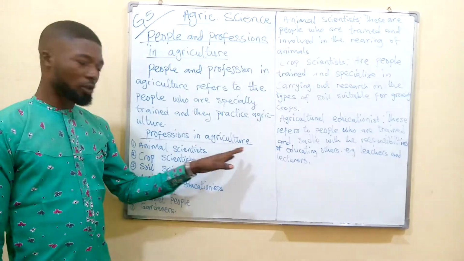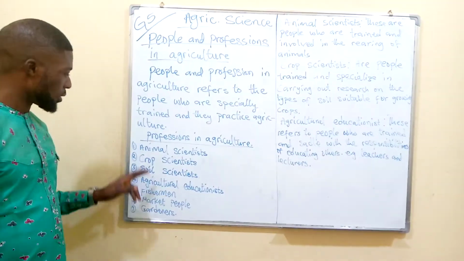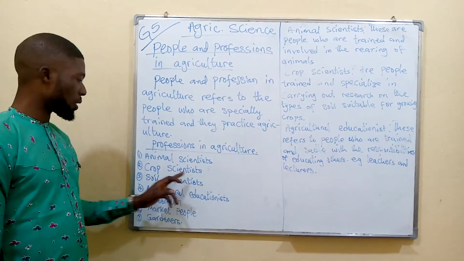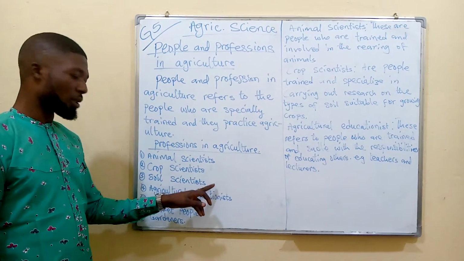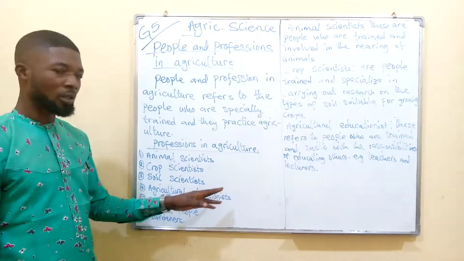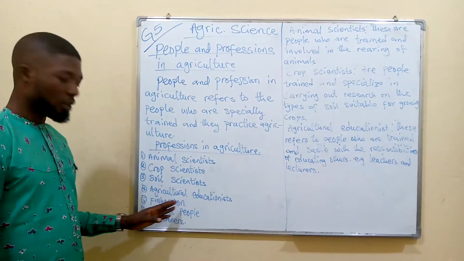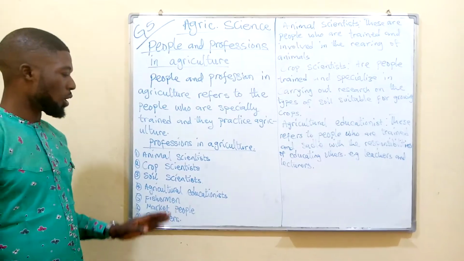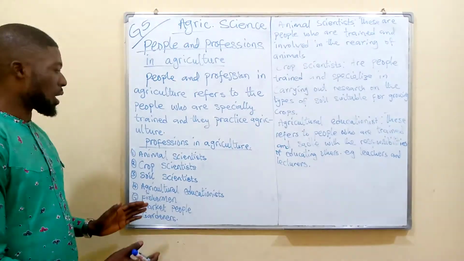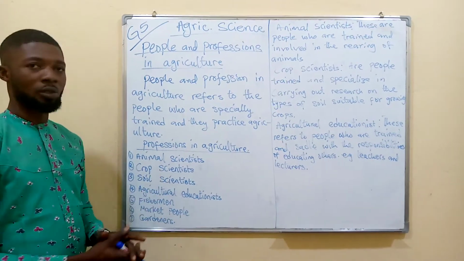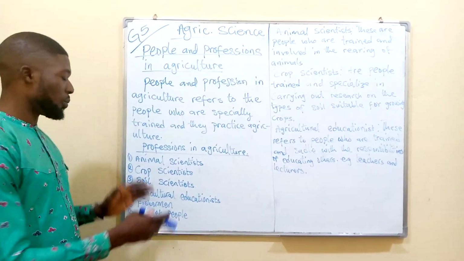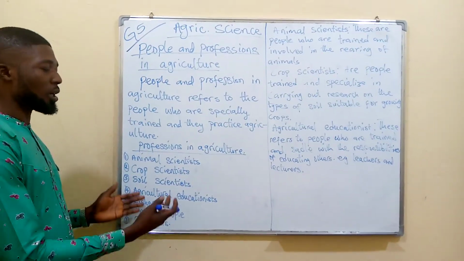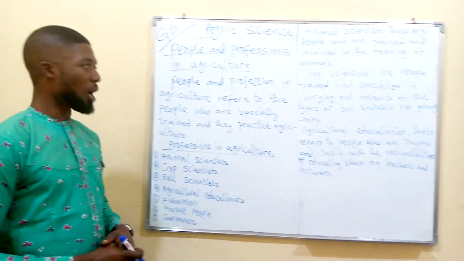The professions include: number 1, animal scientist; number 2, crop scientist; number 3, soil scientist; number 4, agricultural educationist; number 5, fishermen; number 6, market people; number 7, gardeners. All of these involve people carrying out these professions in agriculture.